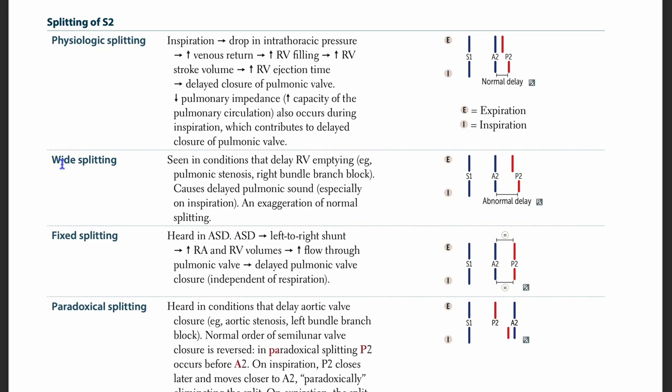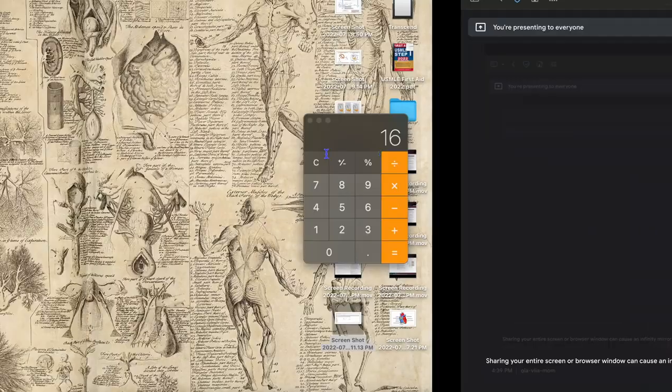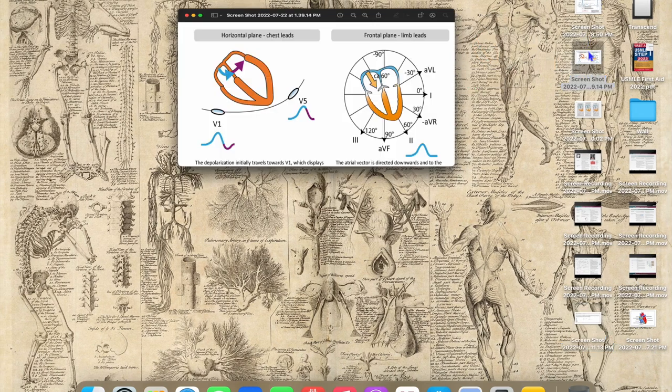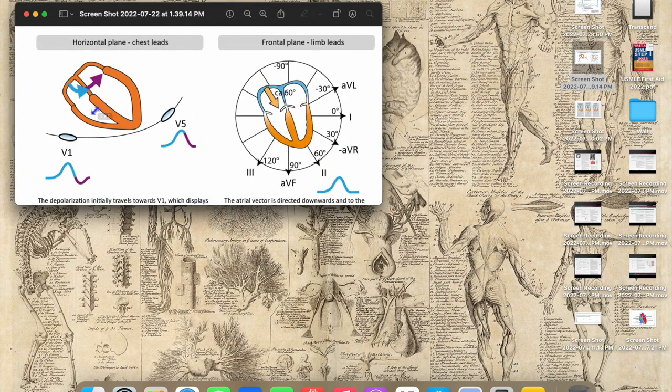Wide splitting is seen in conditions that delay RV emptying. So that's your pulmonary stenosis or right bundle branch block. If you don't know what the bundle branch is, these things right here would be your right bundle branch.